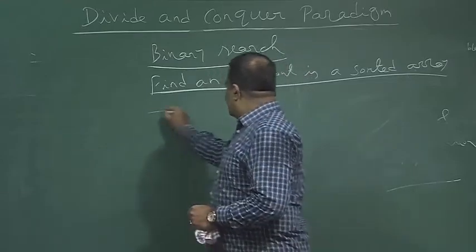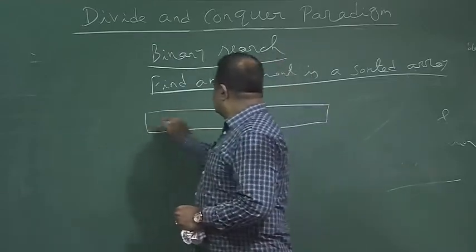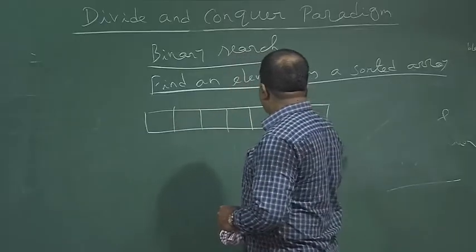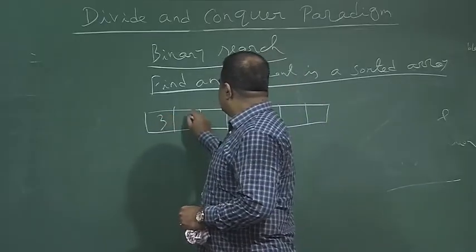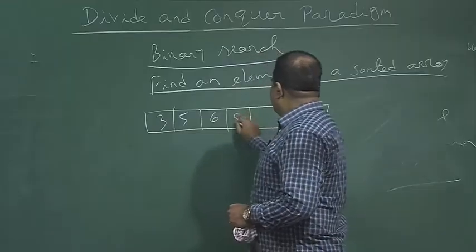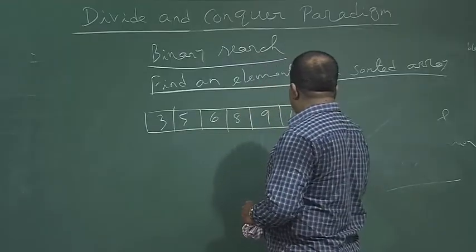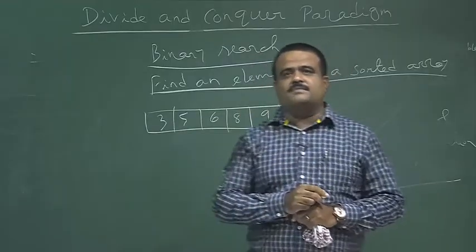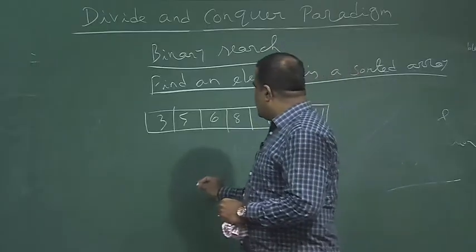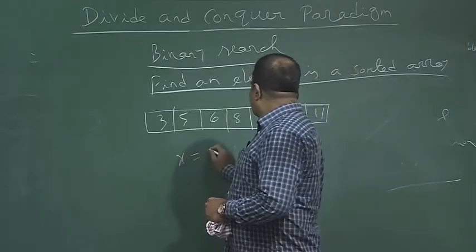We have a sorted array, say for example 3, 5, 6, 8, 9, 10, 11. Suppose this is our given array. Now, suppose we are going to find whether 9 is there or not, that is our x.